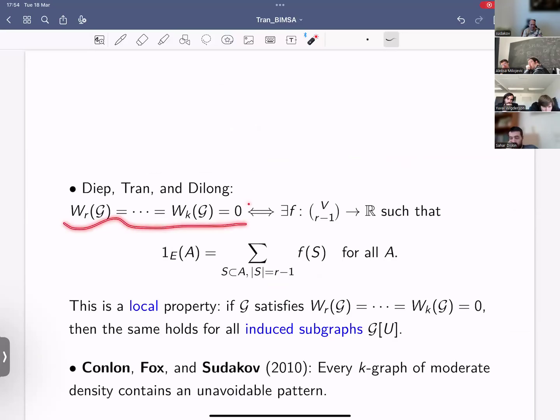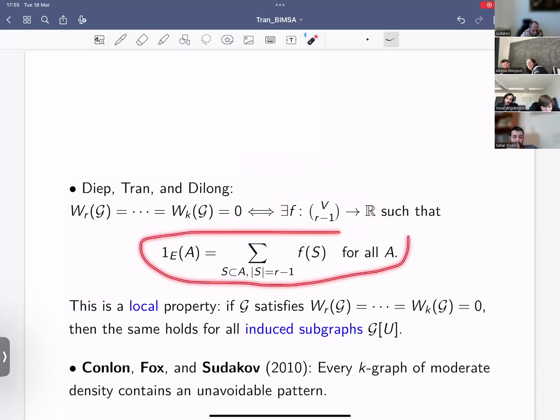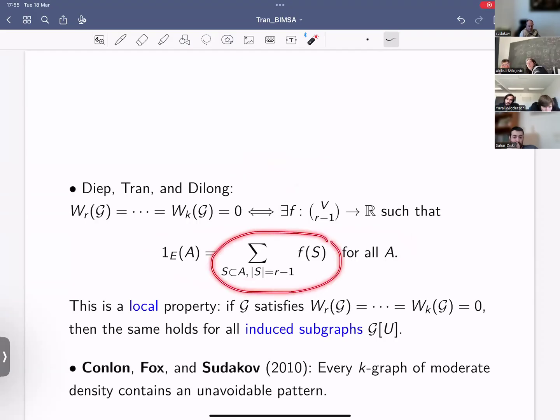If all of these coordinates are zero, then we can find functions on (r minus 1)-tuples so that for all A, 1_A can be written as the sum of f_S, where S runs over all subsets of ψ_{r-1}(A).